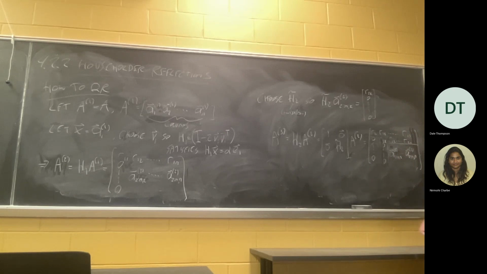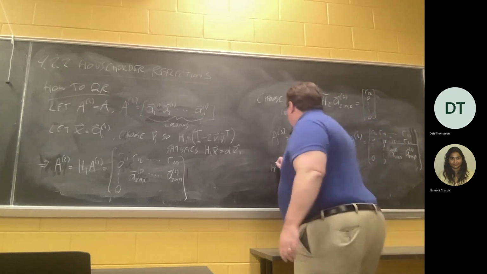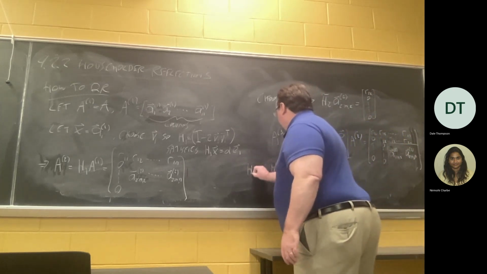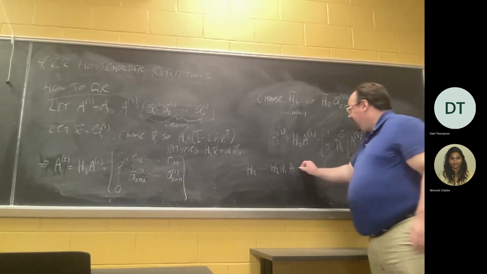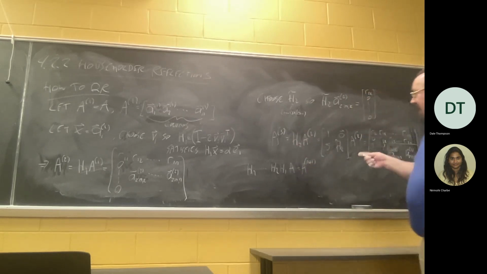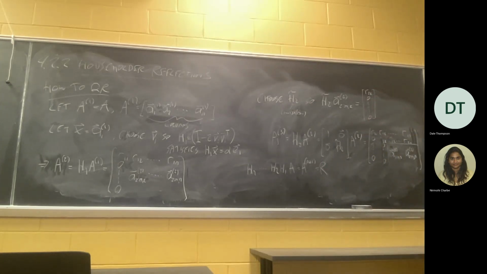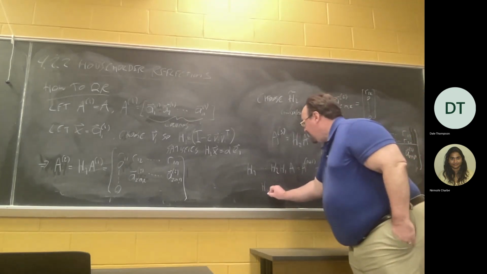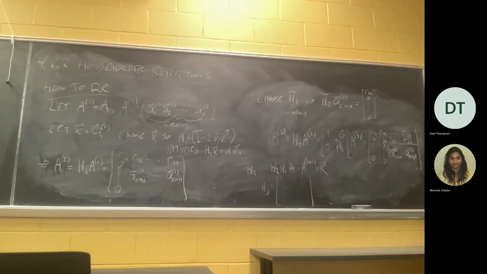The overall process can be described as follows. We start with A, and then we apply H1, H2, up to Hn in that order. And the result of that is, using the notation I have here, A(n+1), the output of that. But that is our triangular matrix, that's our R. And each M by M Householder reflection Hj has this form.